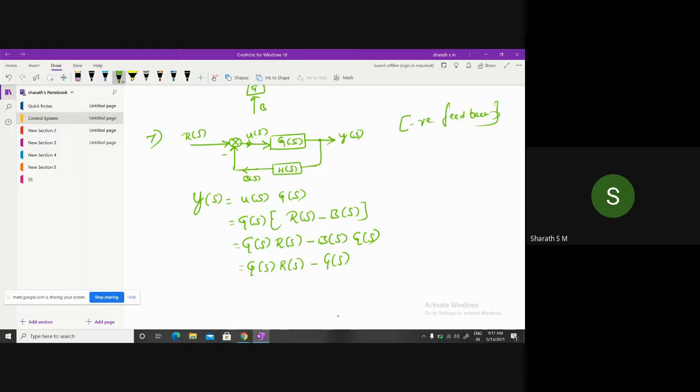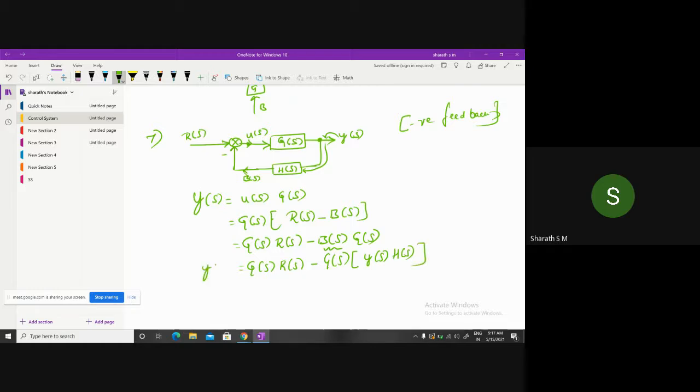And for this B of S, look at here, this is the intermediate point as B of S. Here we have an intermediate output, here we have a final output as Y of S. So Y of S is going to make a product with H of S, that is equal to B of S. So B of S is equal to Y of S into H of S.